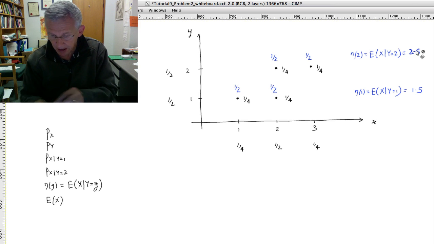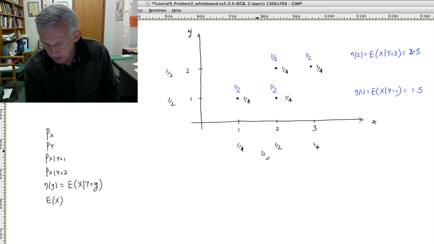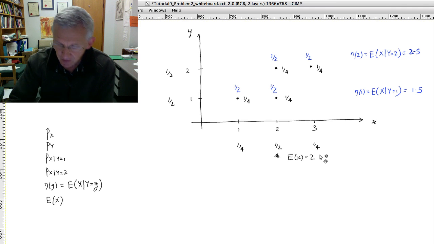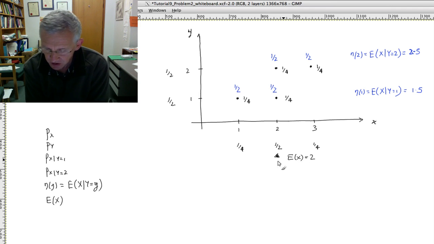And let's just think about what the mean of x is. Down here, the marginal distribution for x is symmetric around 2. So we can see immediately, I'll just put a little triangle there for the mean of x. That's the balance point of this probability mass function. The mean is clearly 2. The main intuitive message I want to get across here is that you can think of the mean of x as being a weighted average of the conditional means for different values of y, weighted by the probabilities of those.